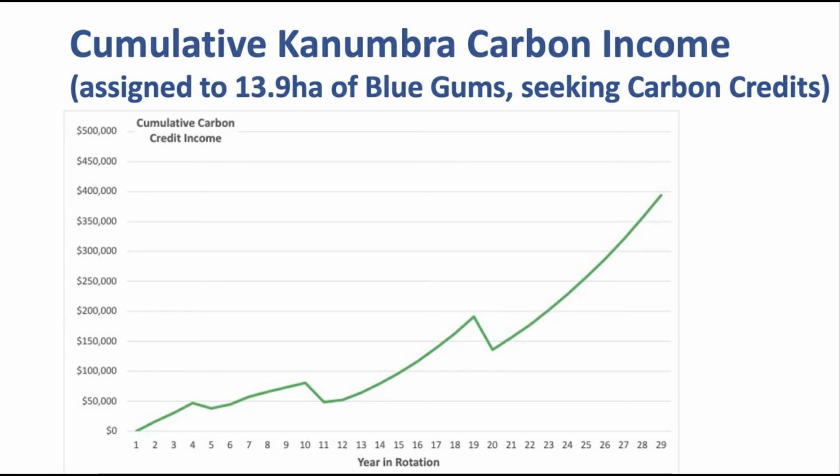The cumulative carbon income, we've mentioned before, will be increasing over time because you're earning carbon income every year, but there will be some dips when you have the thinning. Earlier we've talked about 2 rounds of thinning, and now we're including a 3rd round at around year 20. So you can see that there are dips incurred there, but overall the carbon income continues to increase.